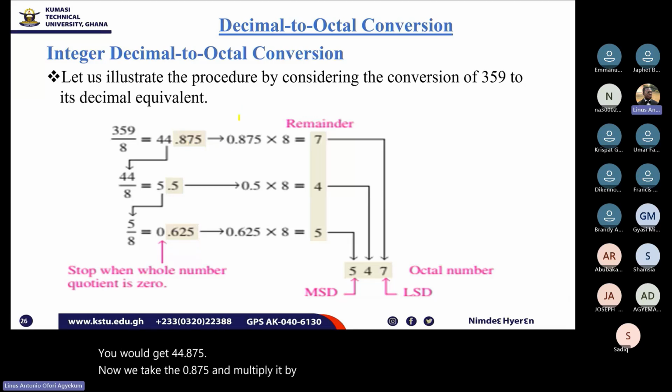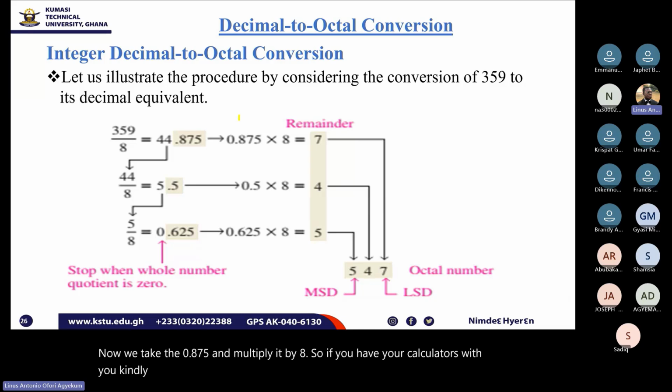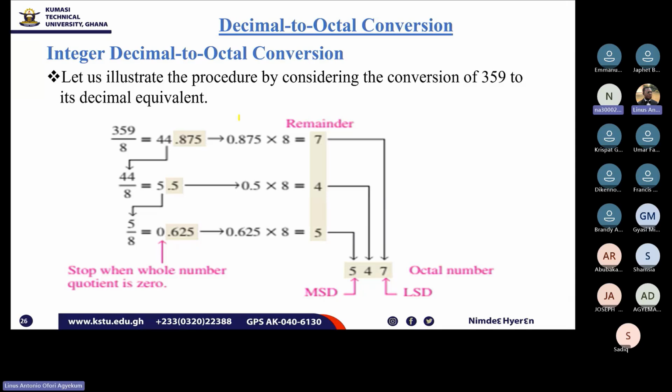So if you have your calculators with you, kindly do this maths and let's see what you get. Yes, 0.875 times 8 gives us what? 7. And that becomes what?